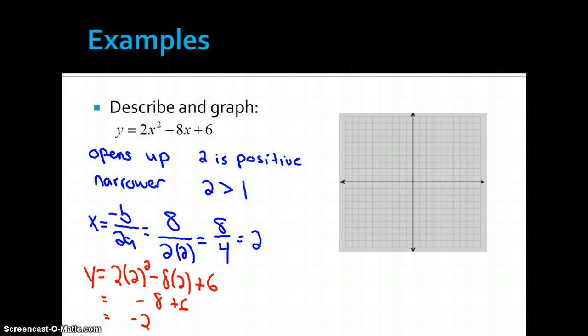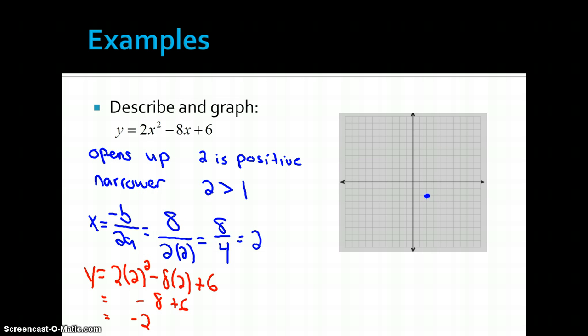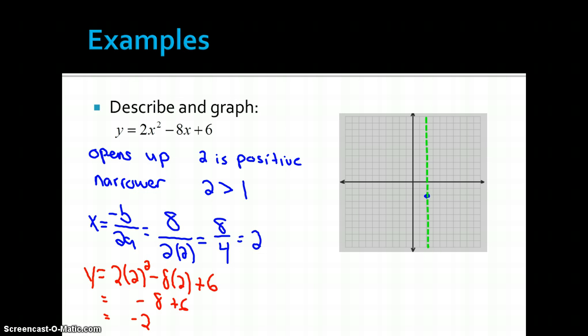We get negative 2. So our vertex point is the point 2, negative 2. Right there. So we can also think that's our axis of symmetry right there. x equals 2.